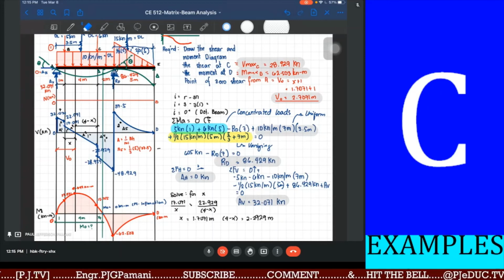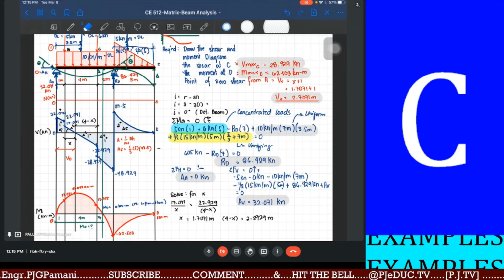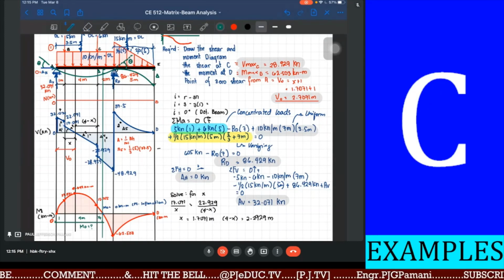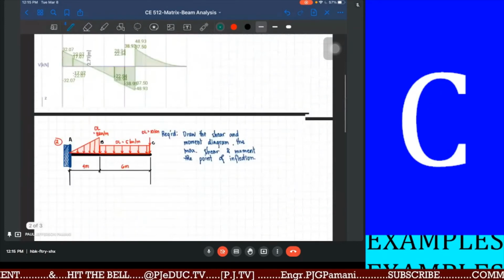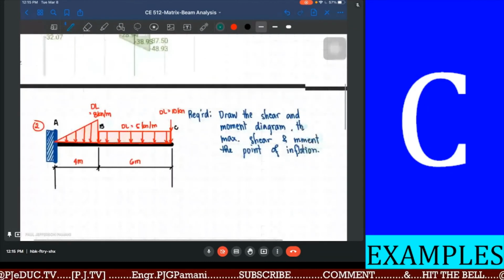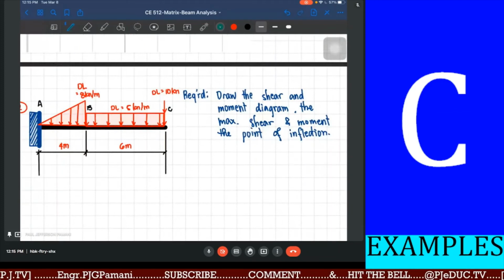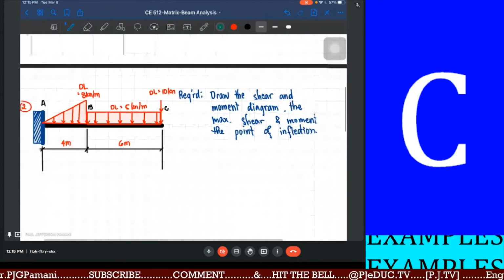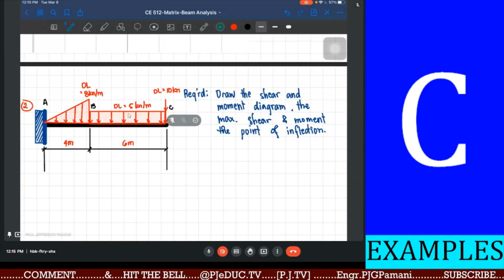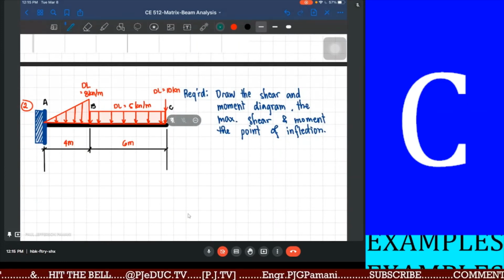Hello? So I'll be presenting also next example later on para naman dun sa kabilang klase. Pero i-upload ko rin po yung same lecture para dito sa example na to. So on your own, try to answer this problem na lang. We have a cantilever beam, varying load, uniform load, concentrated load. Mas madali naman yan.